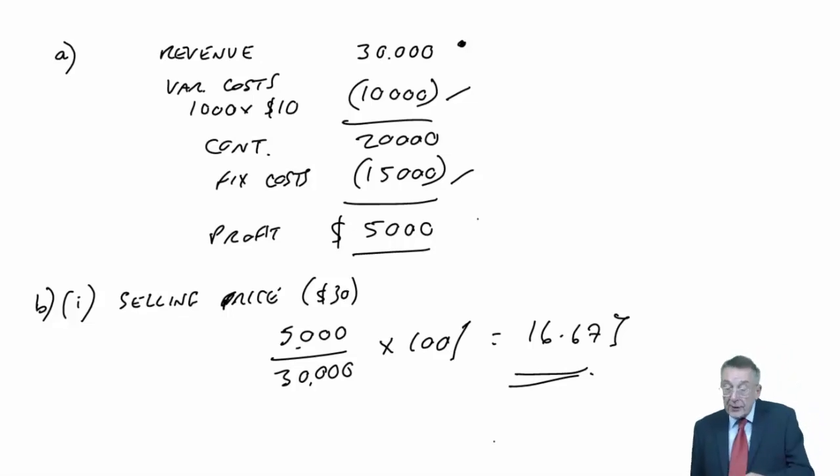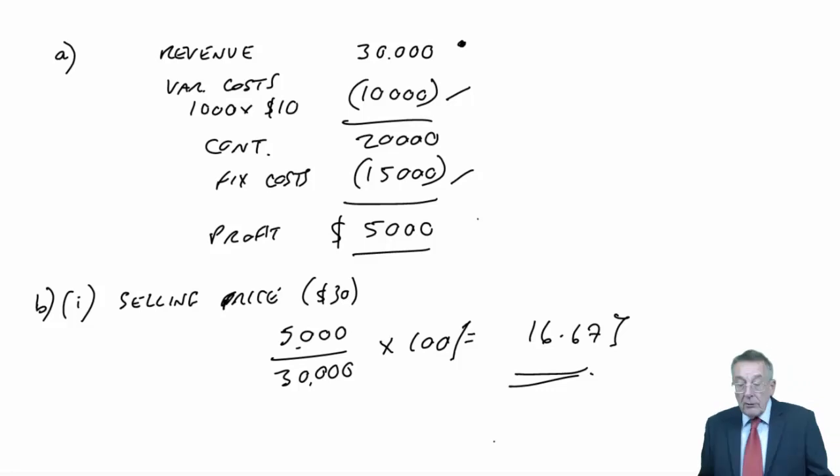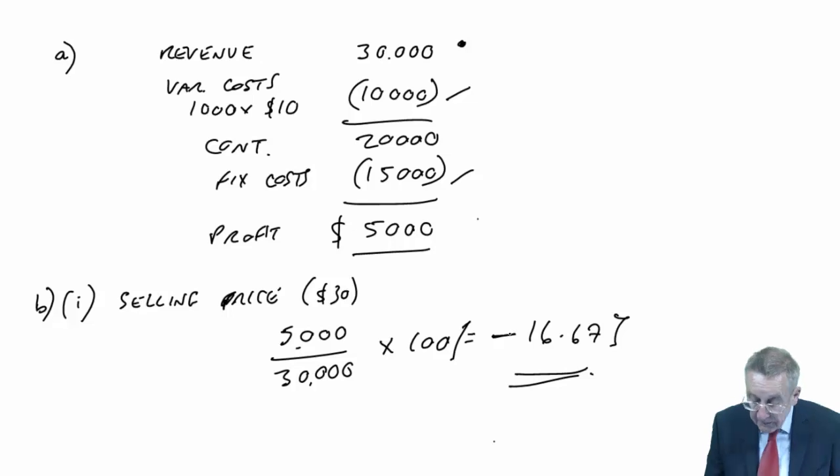But if it fell by more than 16.67%, more than 5,000, then we're loss-making. It's not worthwhile. Strictly, we should put a sign against it. The revenue could end up being higher or lower than our estimate. If our revenue's higher, no problem, it gets better and better. So we're only worried if the revenue falls. So strictly, the sensitivity is minus 16.67%.